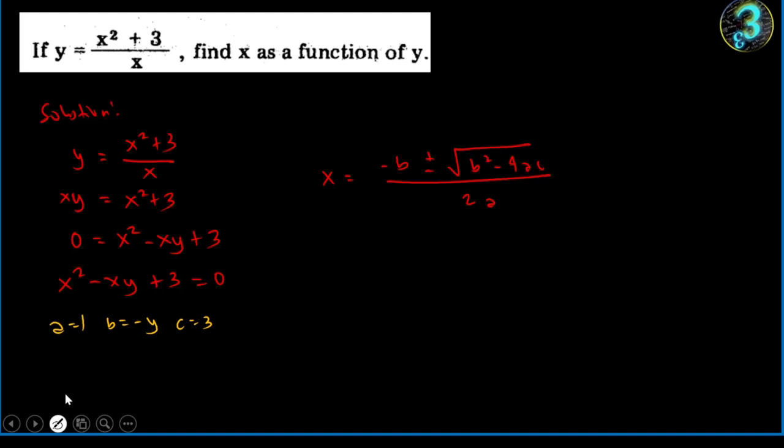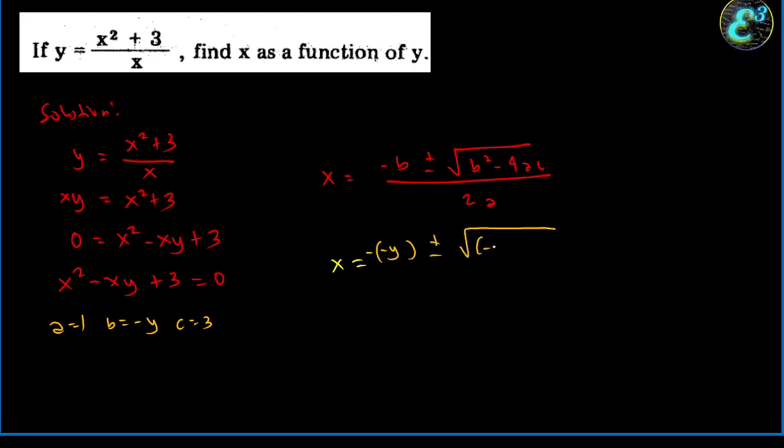So we have x is equal to negative, this is not negative y but negative minus negative y, because our b is negative. So just write that: negative, negative y, then plus or minus the square root of negative y squared minus 4, our a is 1, our c is 3, all over 2 times 1.